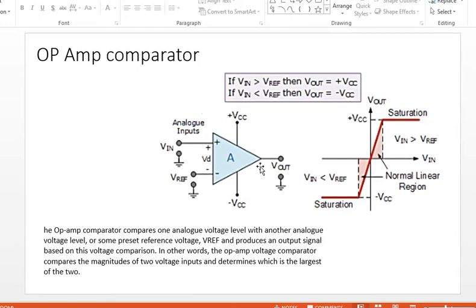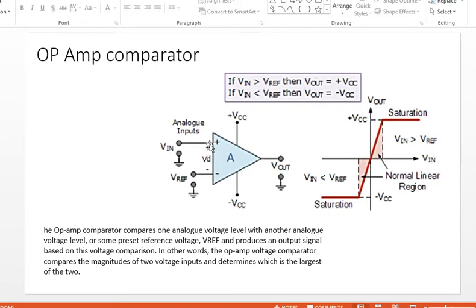Comparator क्या करता है कि there is a specified input voltage and we set a reference voltage, right? Now in our circuit, the reference would be coming from your output, because we are closing the loop and feeding back the output to the input in the oscillator, right? So जब आपका V input greater होगी from V reference, then output is equal to positive VCC.